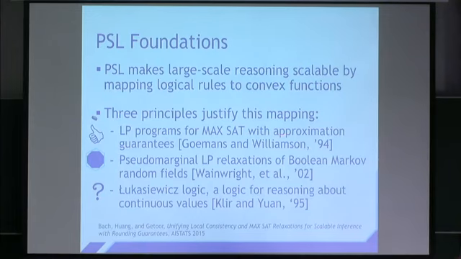And then the third thing that we connected to is actually pseudo-marginal relaxations for Markov random fields. This is something that's very, very popular in the graphical models community. So even irrespective of what we're doing, the fact of making this connection between this relaxation and this LP program with approximation guarantees is interesting.